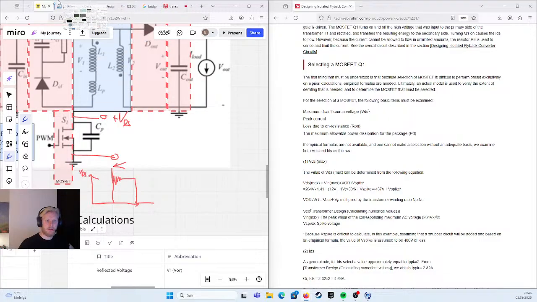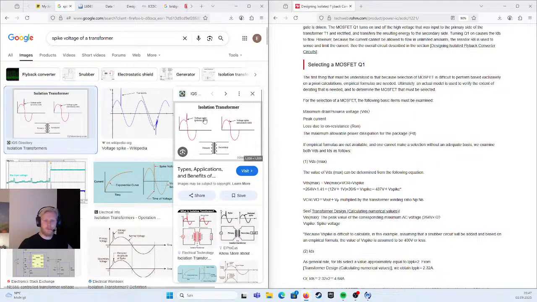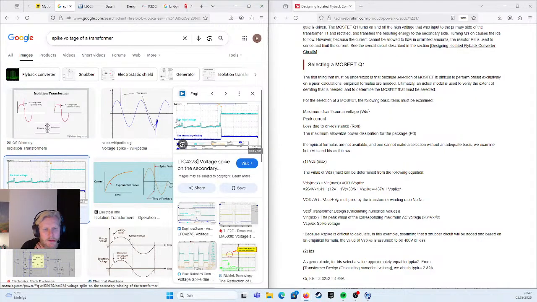Or is it like this? Voltage spike primary, voltage spike secondary. Input voltage.